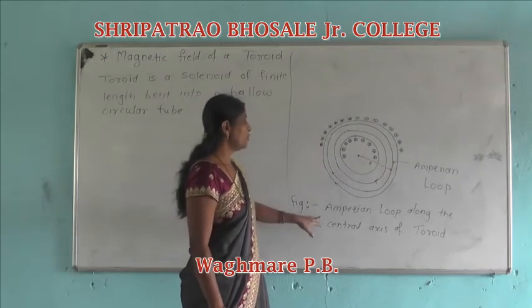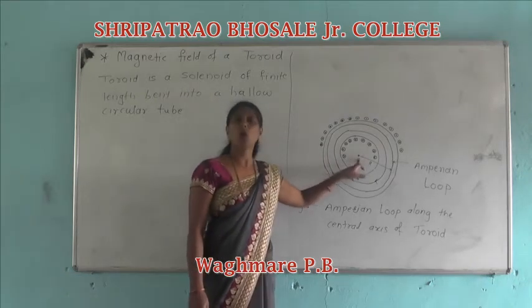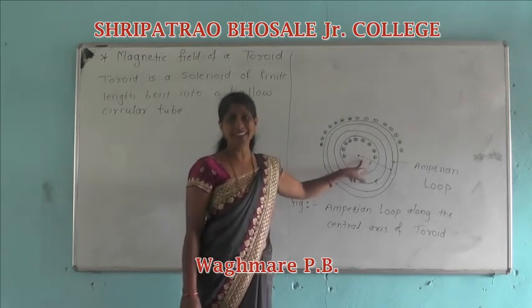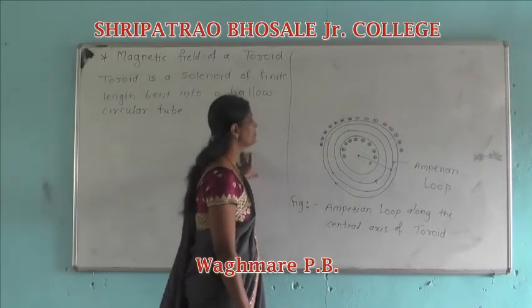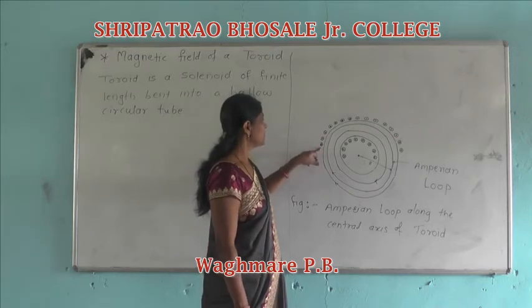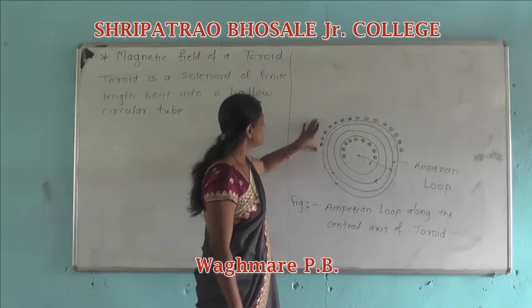The Ampere loop is along the central axis of the toroid. We have to find the magnetic field at the central axis of the toroid. This is the wire wound along this toroid.